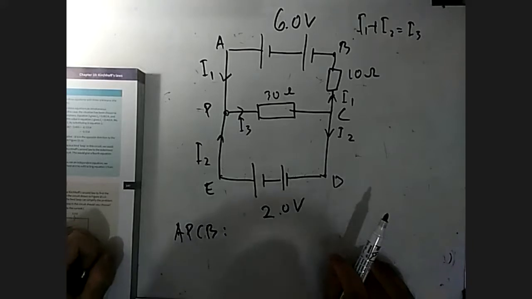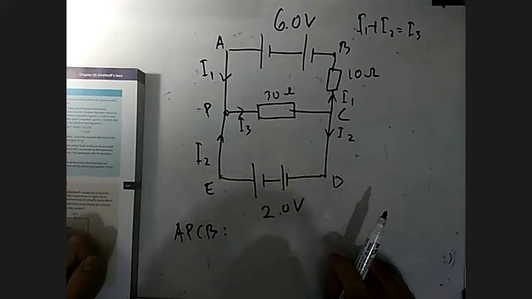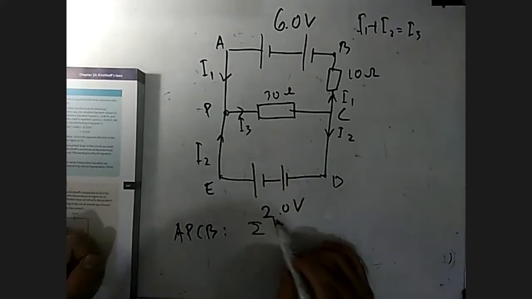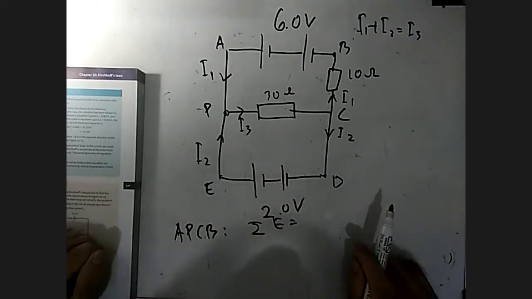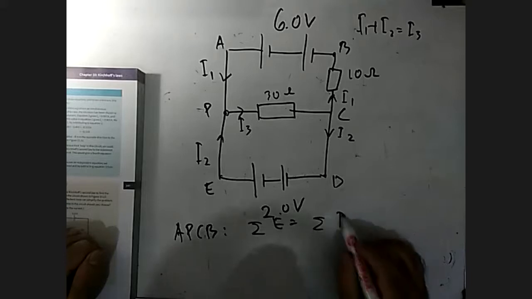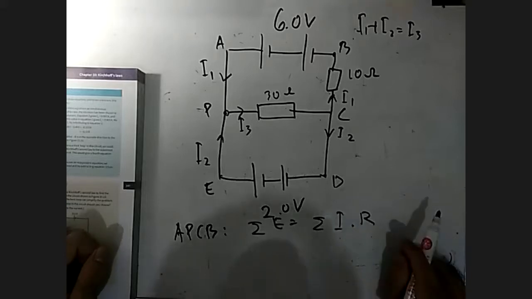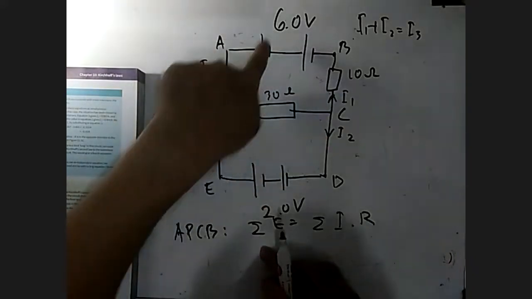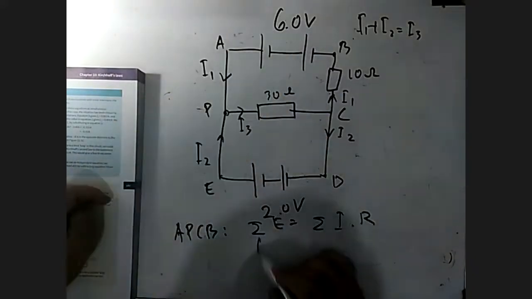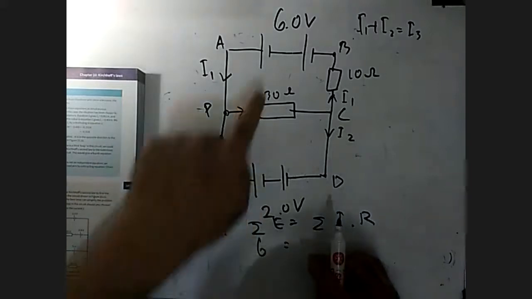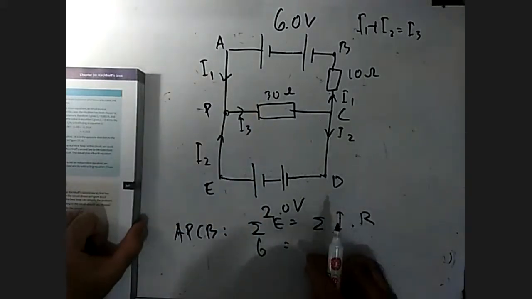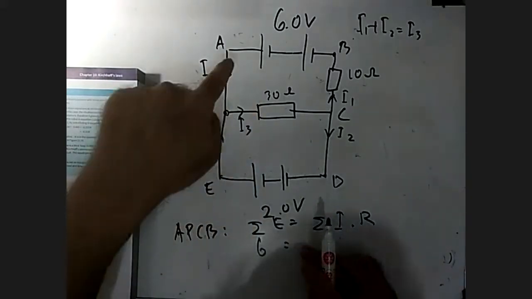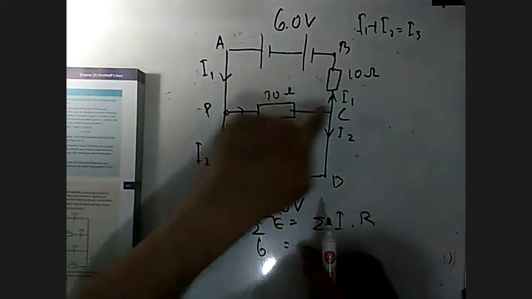we are going to apply Kirchhoff's second law. The total of the EMF is the total of the current times resistance. There is only one EMF here, only 6. So 6, I'm not going to make it 6.0, just 6 to simplify, is going to be the current. There are current here and current there. We have only 2 resistances.